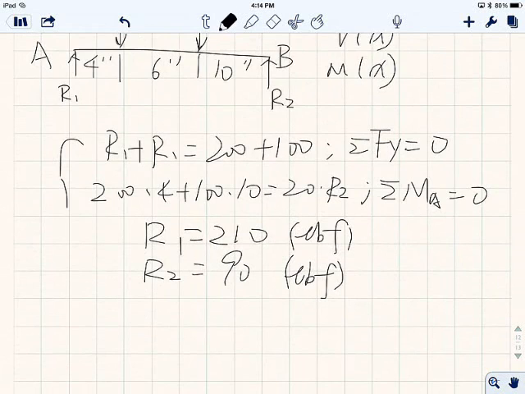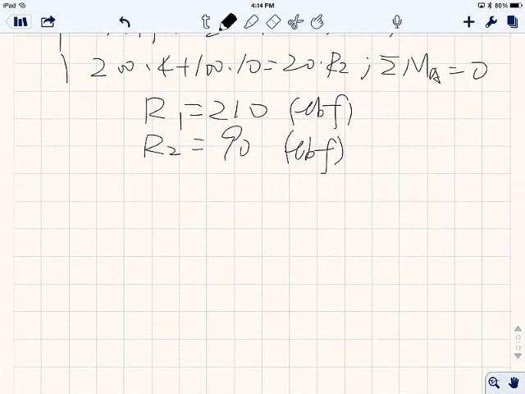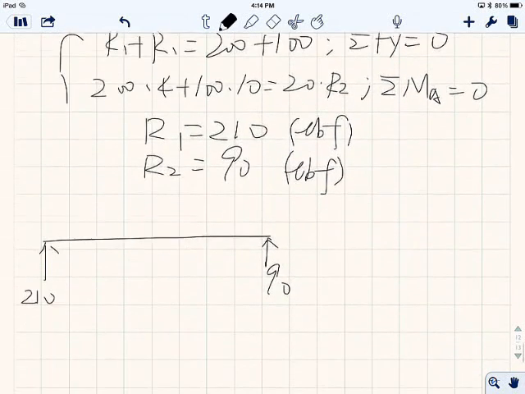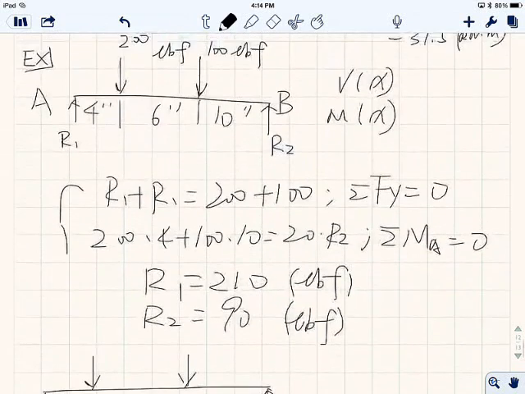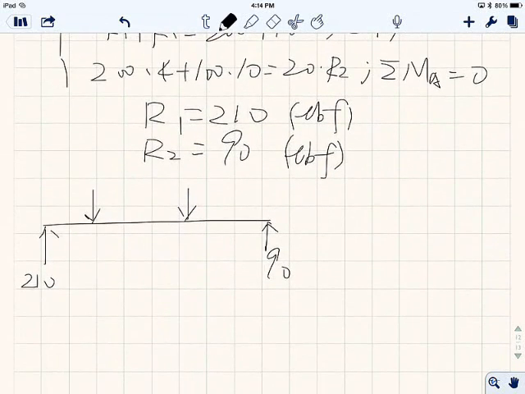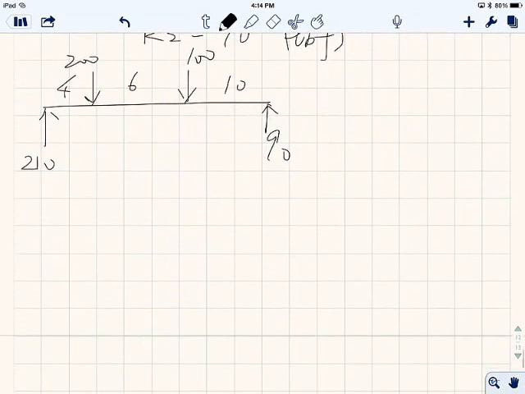This example is relatively speaking very easy. So you have R1 210, R2 90. Then you have 2 forces on it, 200 and 100. You have 4, 6, and 10. Right? Okay, shear diagram should be really easy for us.